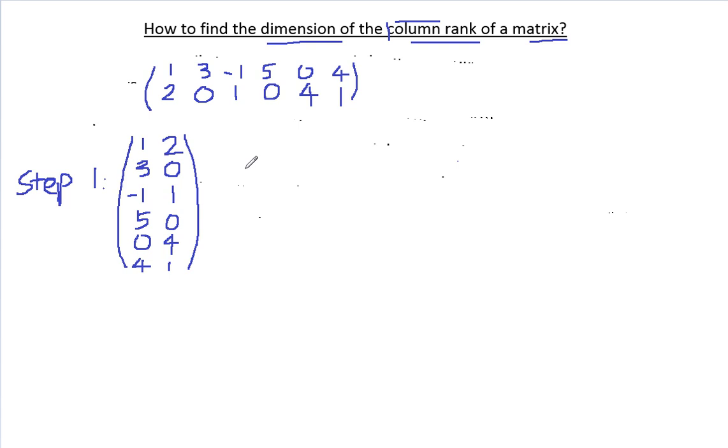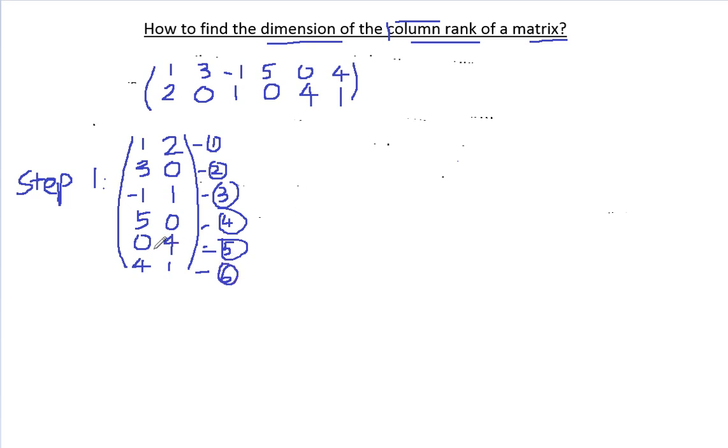Now step 2. So now this is our row 1, row 2, row 3, row 4, row 5, and row 6. Now let's reduce it to row echelon form, which is step 2.